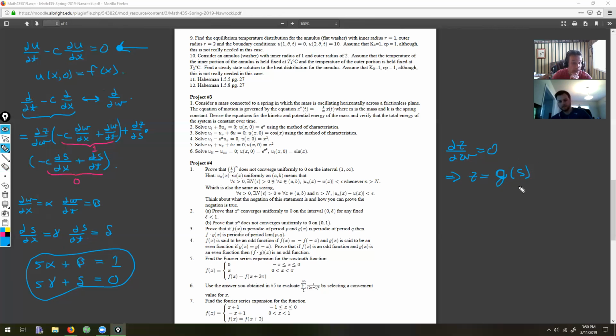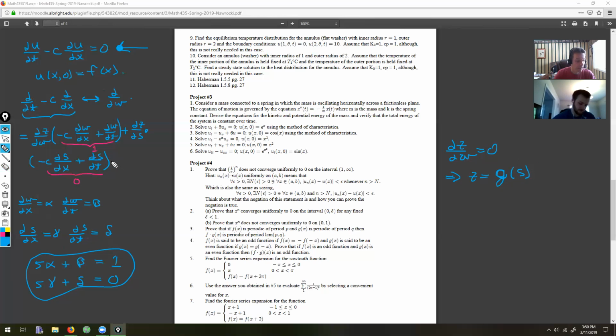Now, the s, let's see, from my equations back here, what is our s? Yeah, the s is going to be the gamma, right?